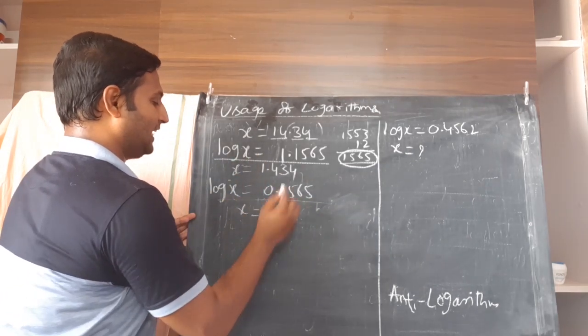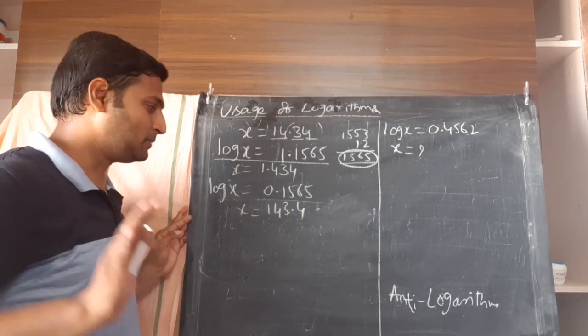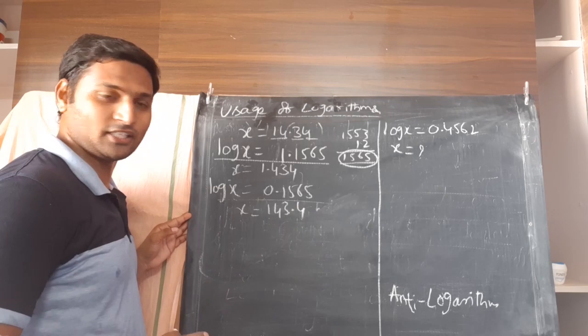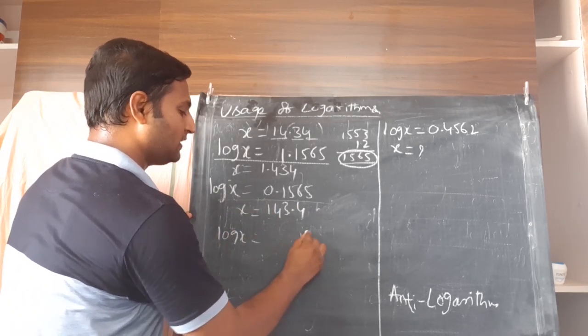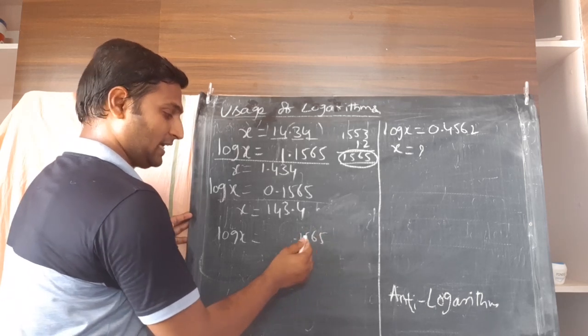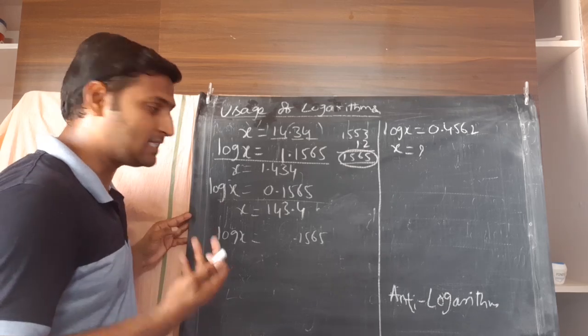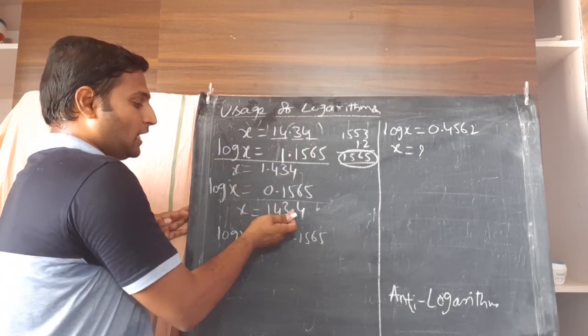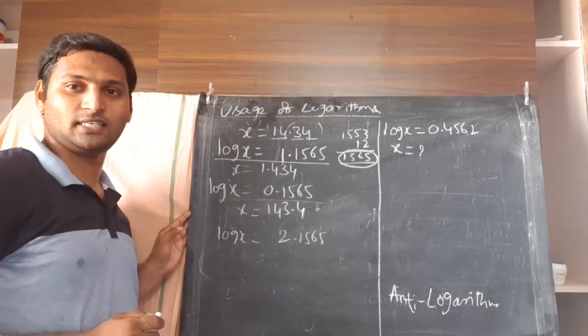What if the x value is given as 143.4? Again common sense. 14 under 3 plus mean difference 4. That's why the value for mantissa you will be getting will be 1565 only. What changes? Characteristic changes. Because before the decimal you have 3 digits, you will be putting 2 before the decimal.